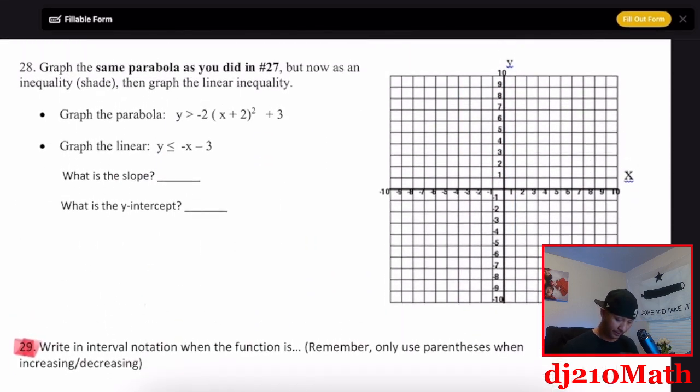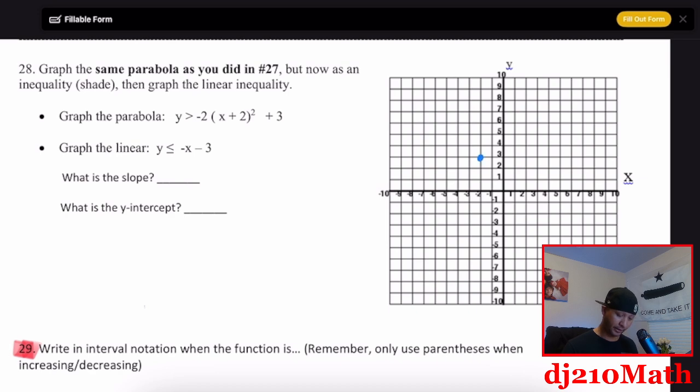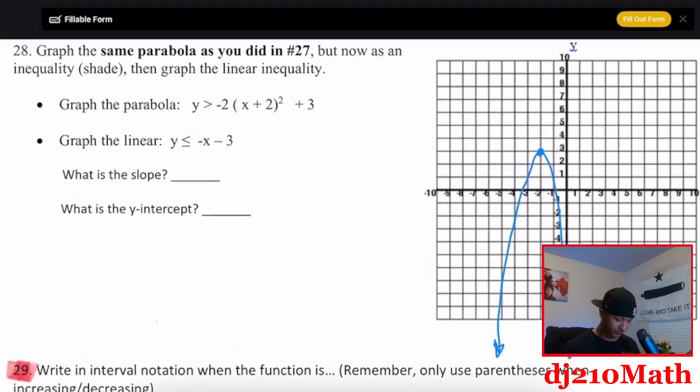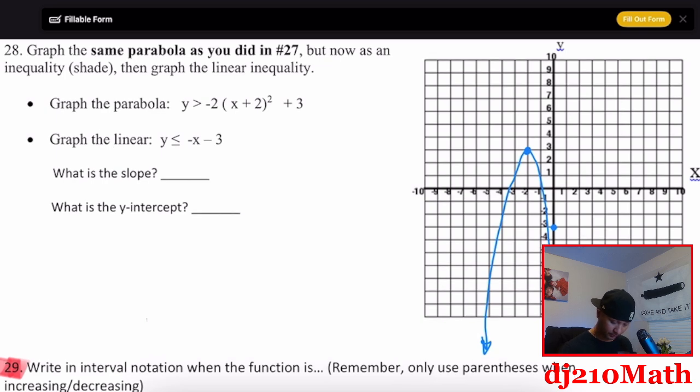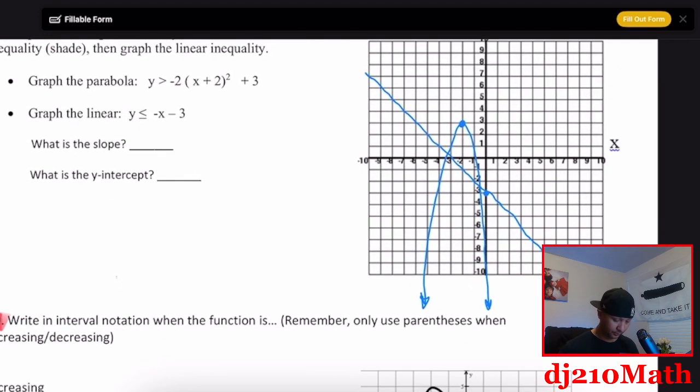So negative 2, comma 3, rather, goes down, and then graph the linear line, negative x minus 3.